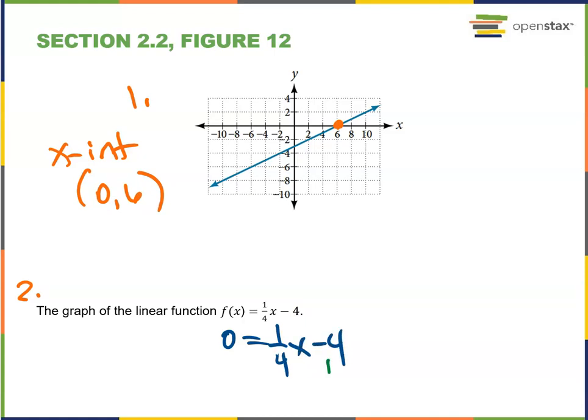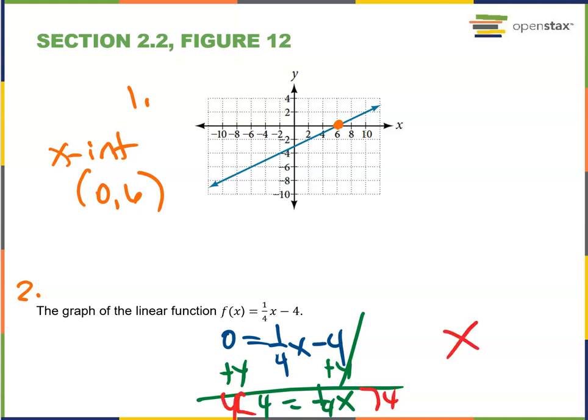So you add to both sides, and then isolate x. That is multiplying both sides. So x is 16. So that's going to be at (0, 16), the x-intercept. Oops, sorry, my bad, (16, 0). I was thinking of the y-intercept. Same thing here, this should be at (6, 0). Those are the x-intercepts.